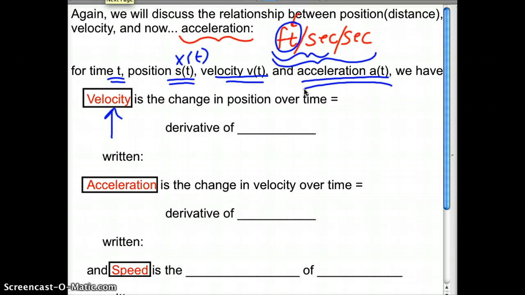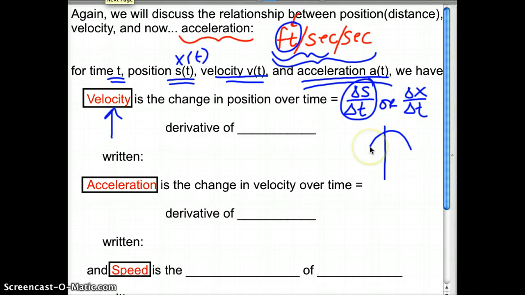So a little review. Remember that the velocity is change in position over time, which we'll call delta s over delta t, or, again, physics, this looks more familiar to you, but this is kind of what we're using. And that's a rate of change. It's the change in position over time. And it's the limit, remember, when we're doing instantaneous rate of change, this is average rate of change on that secant line, which we've talked a lot about.